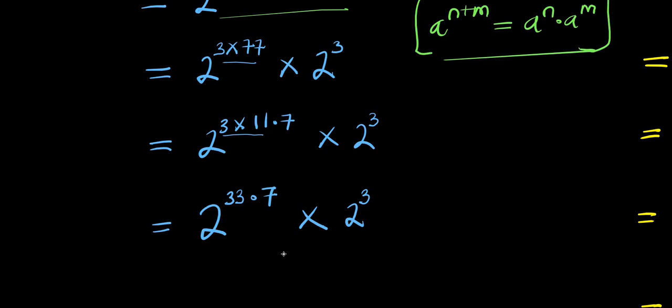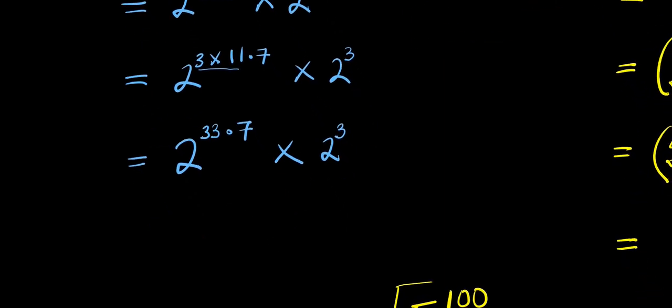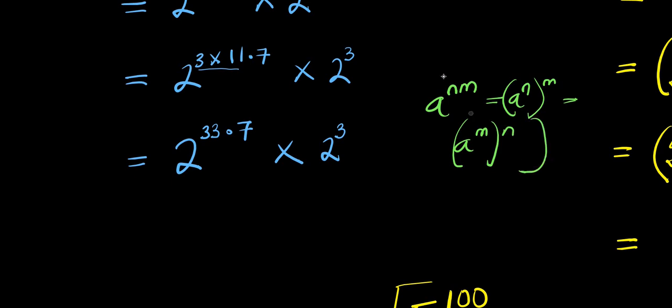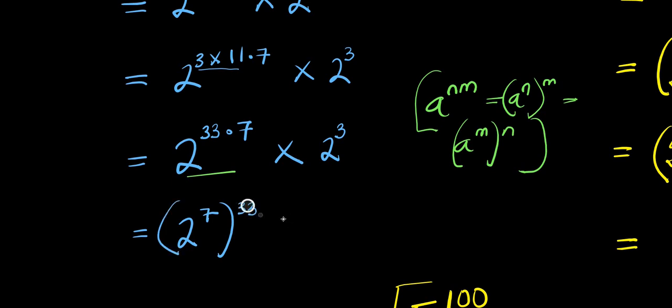And from here, we go back to this identity. If you have a power n times m, it equals a power n all to the power of m, and also equals a power m all to the power of n. Take note of this. So we are applying this right here. And that means we can simply express this as 2 to the power of 7 raised to the power of 33 times 2 to the power of 3.